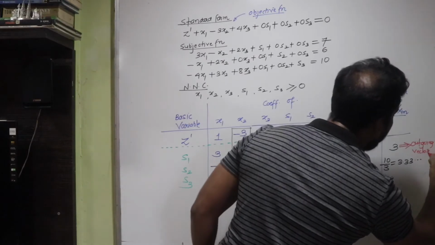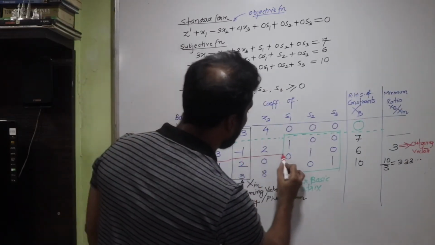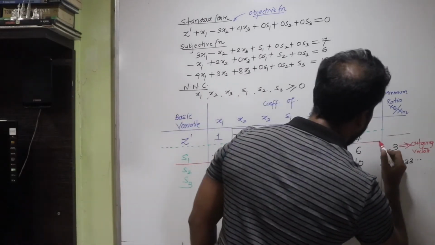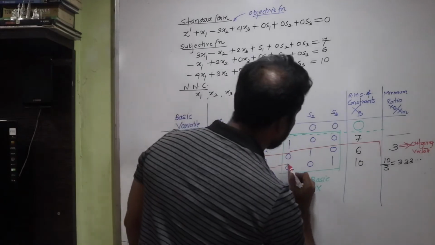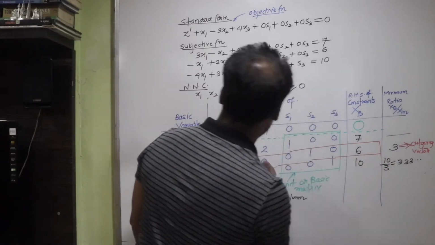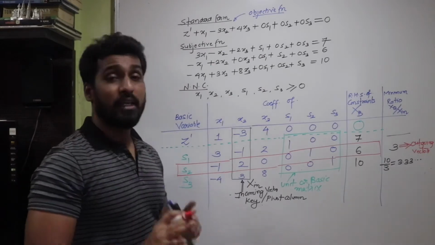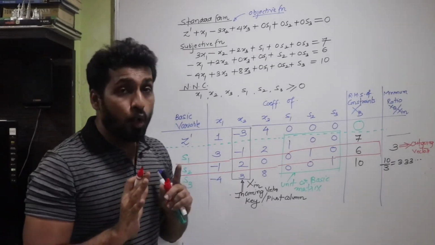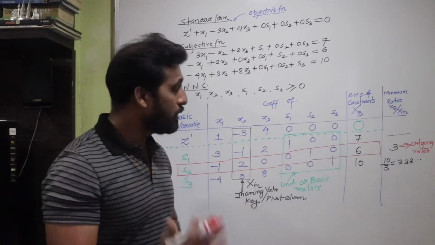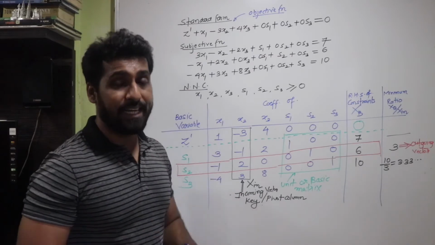That means who leaves the simplex table? S2 will leave the simplex table, and X2 will come in. So this is what the initial simplex table will look like. I'm going to now proceed further to the next simplex table, which will be called iteration 1.